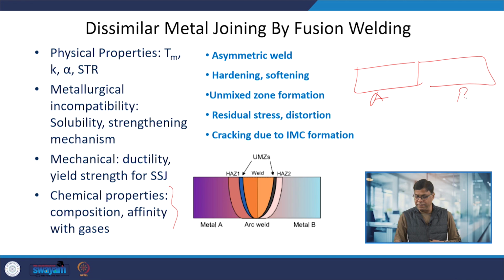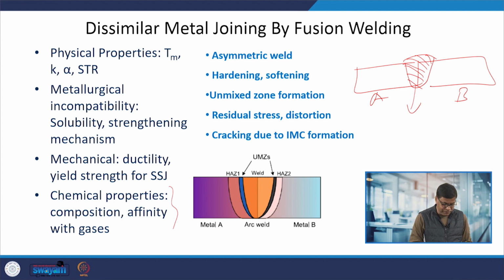So, here we have A and B. If A is added in B, it can lead to a completely different kind of response. Which may lead to extremely undesirable characteristics of the fusion weld joints when such chemically incompatible material systems are joined by fusion welding.